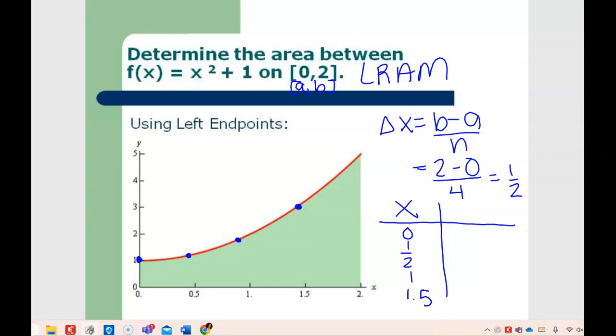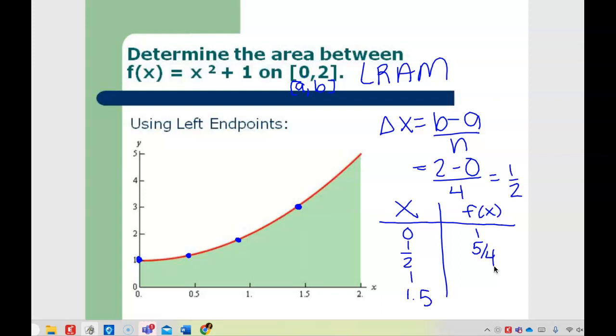When x is 0, f of x is 1, because I plug 0 into my curve. When x is 1/2, f of x is 1/2 squared, so a fourth, plus 1. Unlike you guys, I like fractions, so I'm going to go with 5/4, not only 0.25.